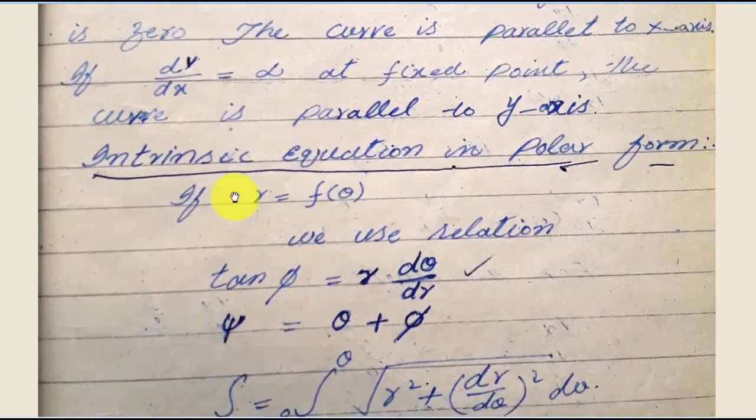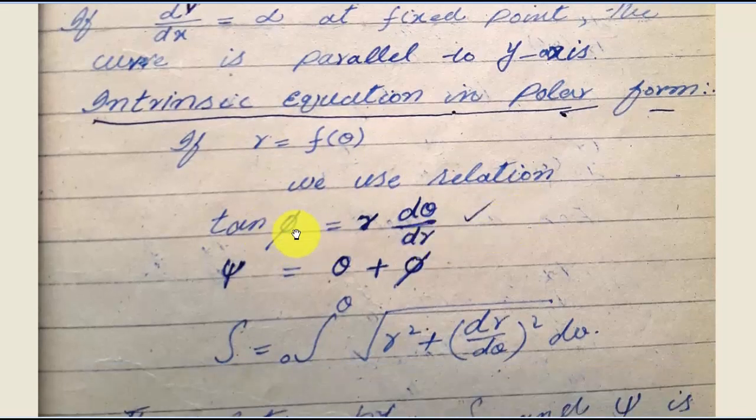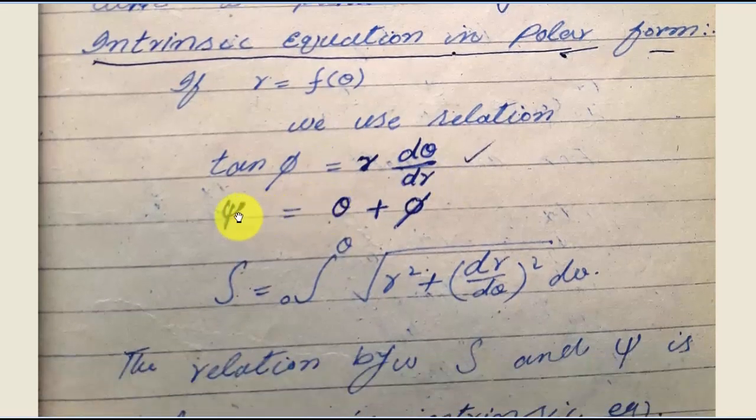Let's start further. Intrinsic equation in polar form. If r is equal to f of theta, we use the relation tangent phi is equal to r d theta over dr, and psi is equal to theta plus phi. Arc length is the integral from 0 to theta of the square root of r square plus (dr over d theta) square, d theta.